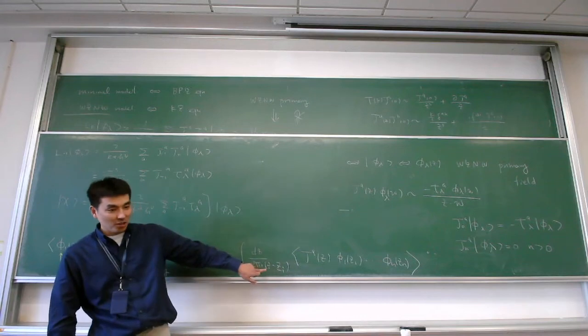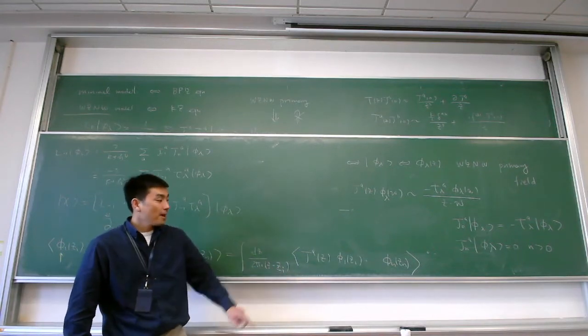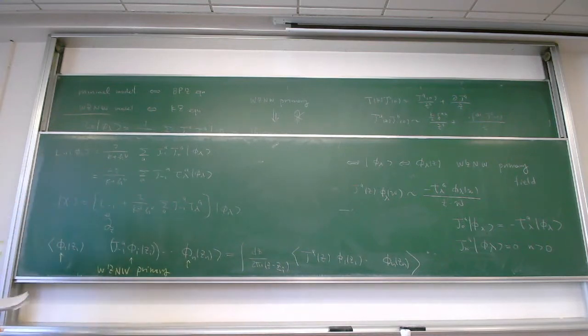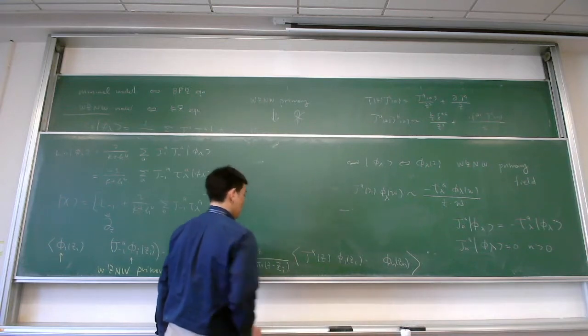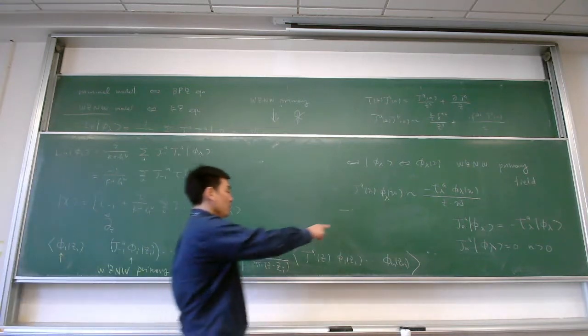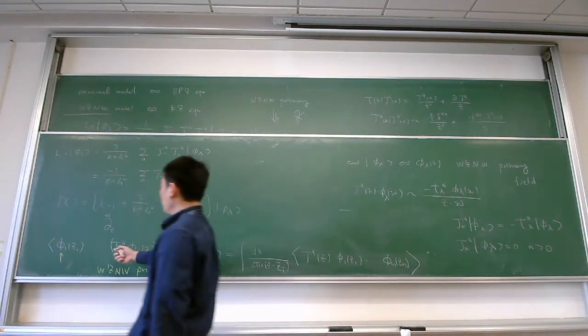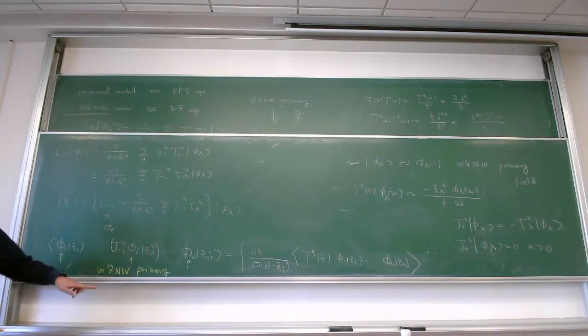Since you have a denominator z minus Zi, using this OPE of J^a with phi_i, you can extract the J minus 1 a action on the phi_i of Zi.